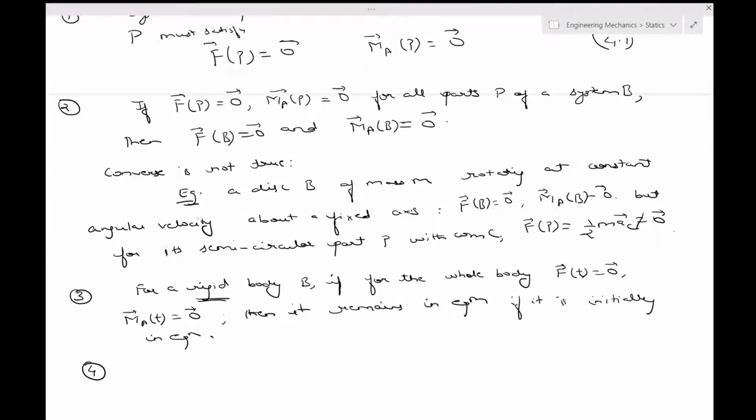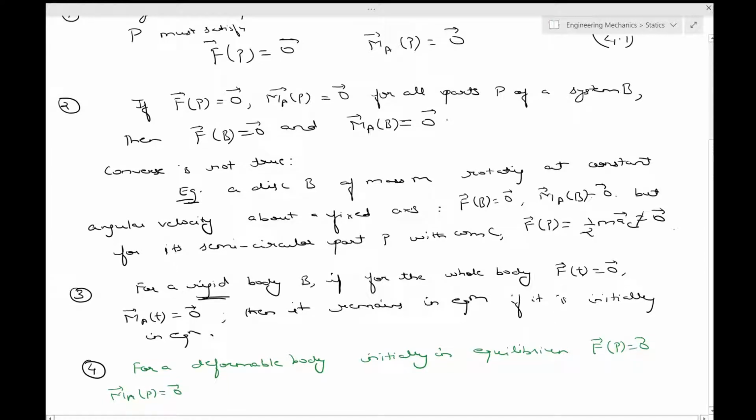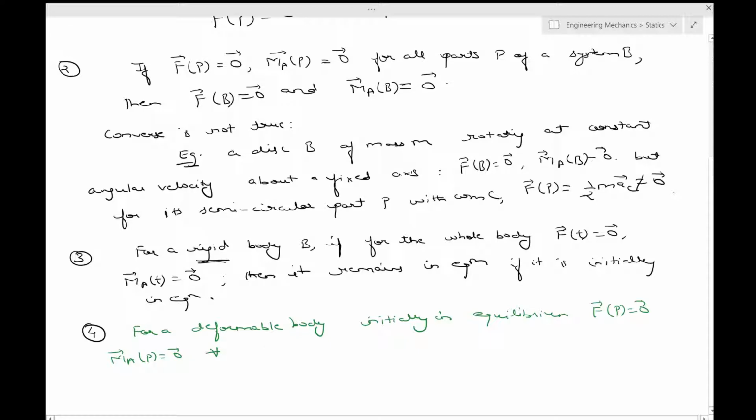So let me put the next one in green. For a deformable body initially in equilibrium, if you have this M_A for all parts B, these are not sufficient to ensure equilibrium.